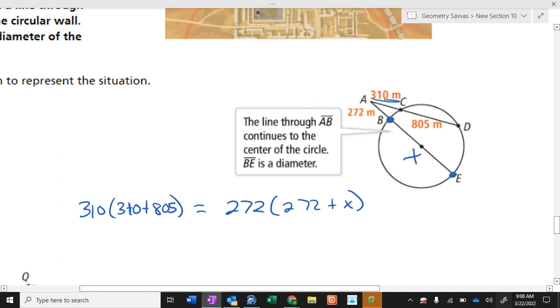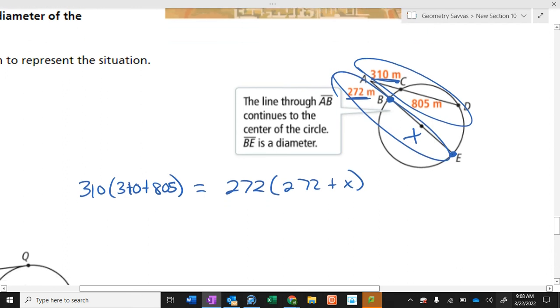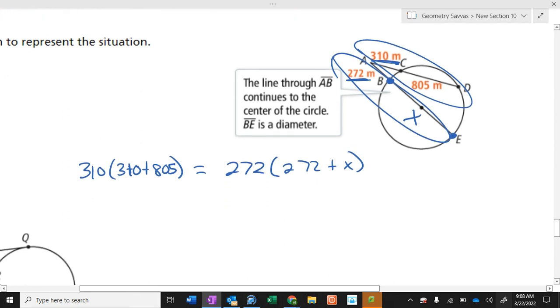Okay, I'll need help with calculators here. 310 plus 805, I know that is 1115. So what's 310 times 1115?